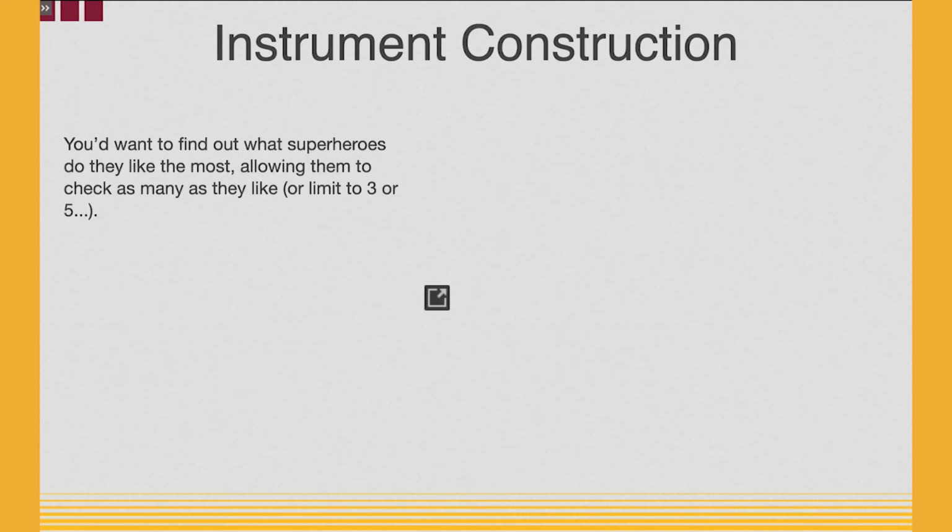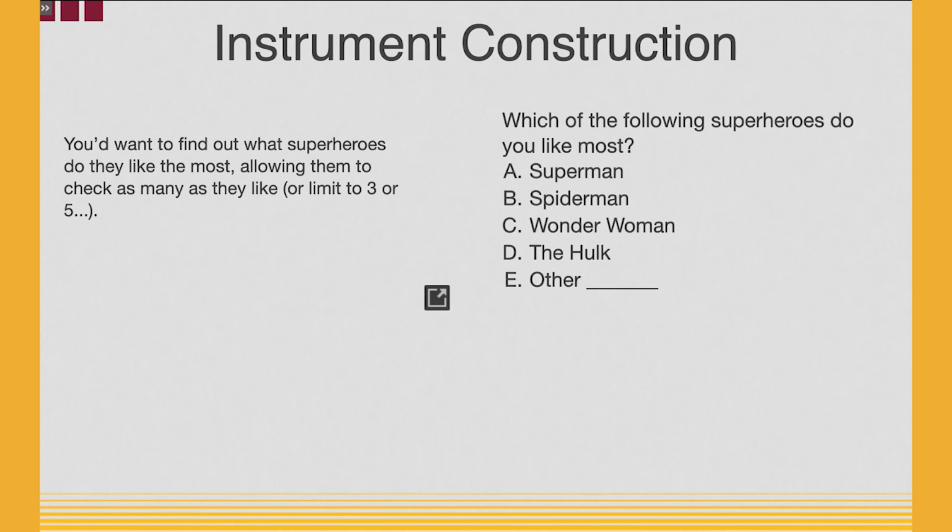Next, I think I would want to find out which of the superheroes they like the most, and then allow them to check more than one, or as many as they want, or limit them, say, check up to 3 or check up to 5 or whatever. And then I would list as the options as many of these superheroes, probably the main superheroes in Marvel and the main superheroes in DC Comics.